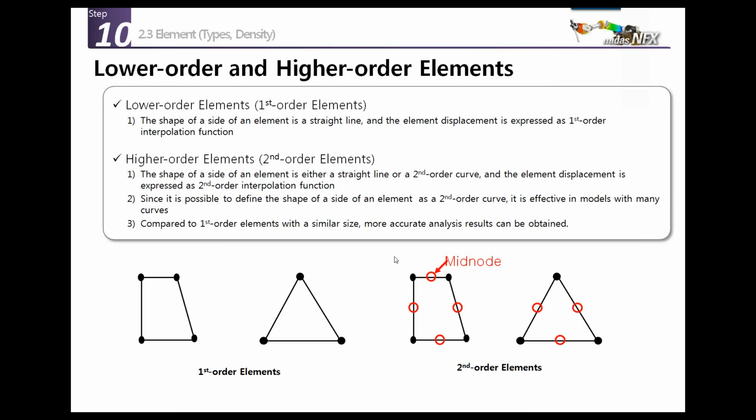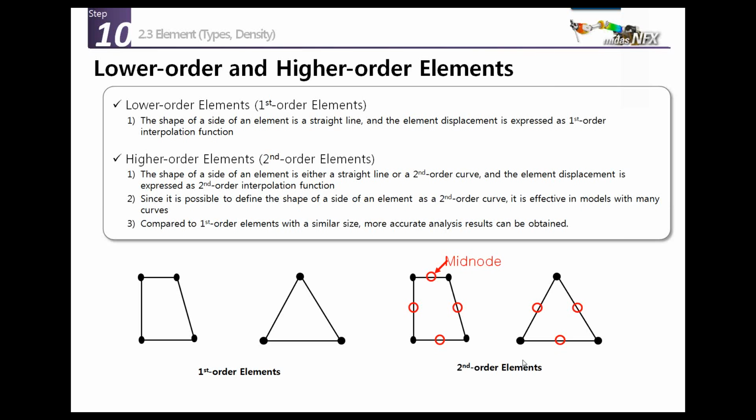Now you have to make the distinction between lower order and higher order elements. First order elements are elements which just have nodes at the boundary. So you have basically 2 types, the triangle and the quad elements. The triangle has 3 nodes, the quad has 4 nodes, and the approximation on these elements is totally linear.